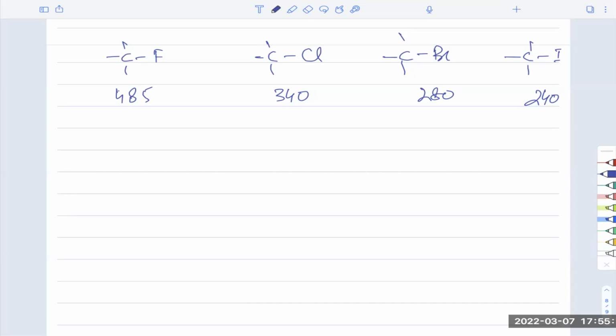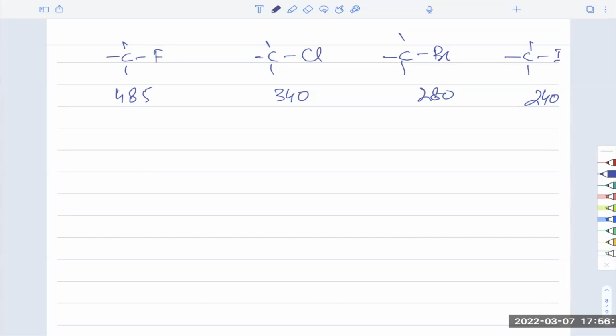So fluorocarbons pose no danger to the environment. Chlorocarbons do, because the chlorine and carbon bond can break down based on the energy of ultraviolet light, since it has enough energy to break it. But you see how big the difference is between fluorocarbon and chlorocarbon. The difference is really appreciable.